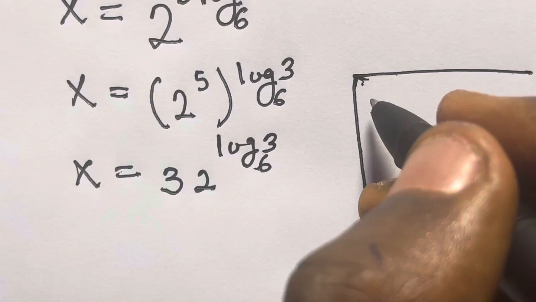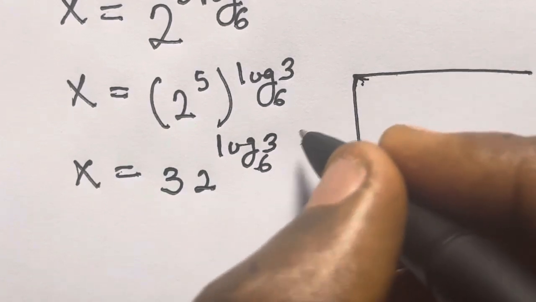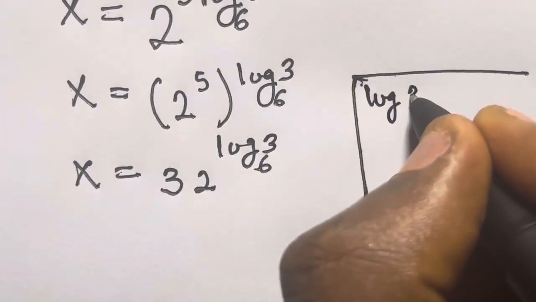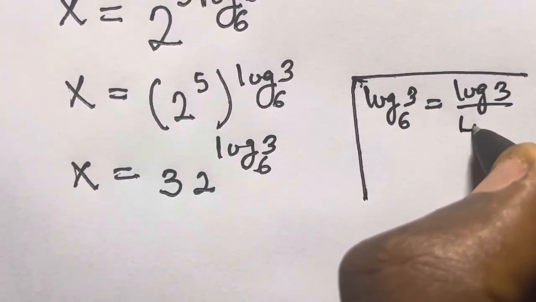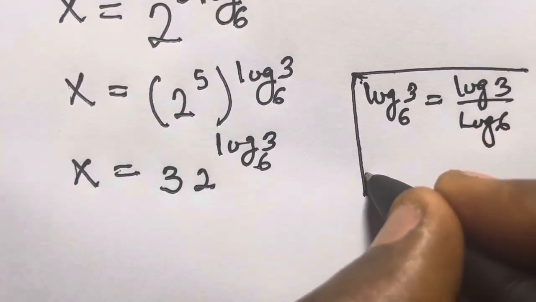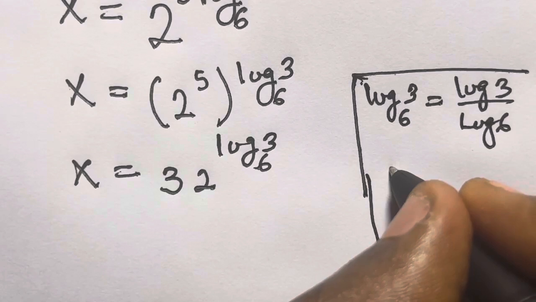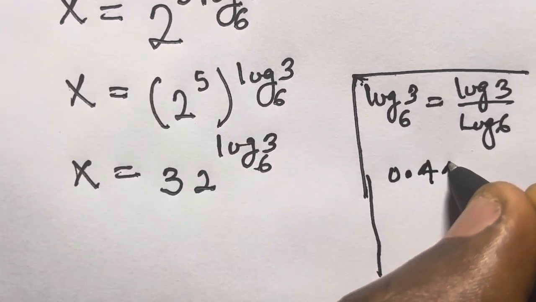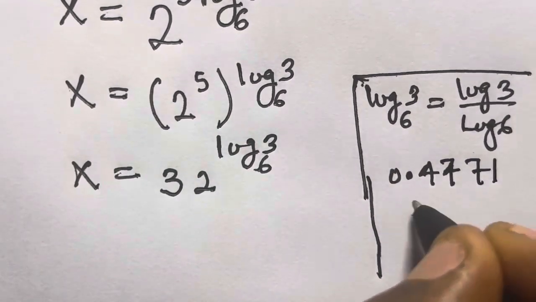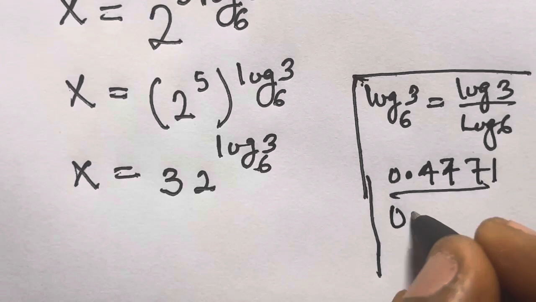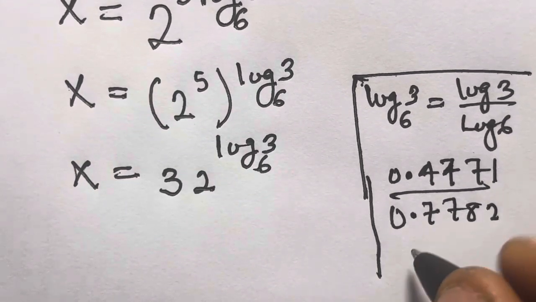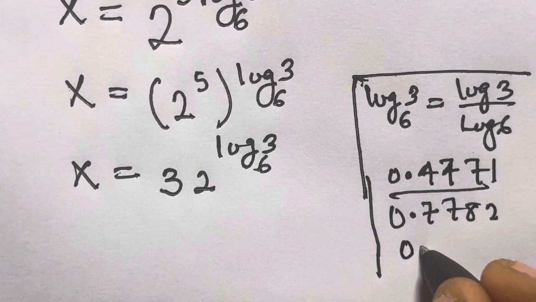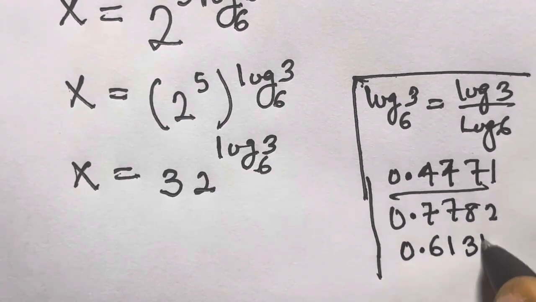We have log 3 in base 6 equals log 3 divided by log 6. So log 3 is equal to 0.4771, then log 6 is equal to 0.7782. If we divide this and this, we have 0.6131.